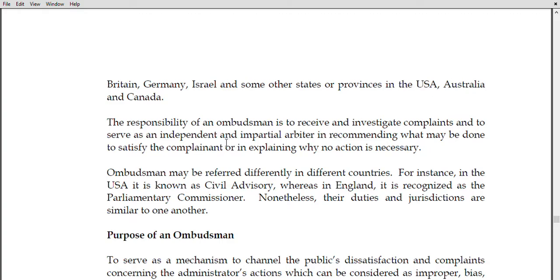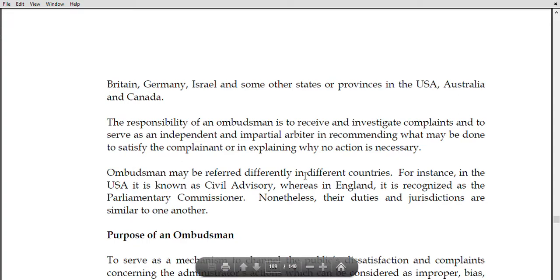The responsibility of an ombudsman is to receive and investigate complaints and to serve as an independent and impartial arbitrator in recommending what may be done to satisfy the complainant or in explaining why no action is necessary. So the main focus of an ombudsman is to investigate the complaints and then suggest solutions.